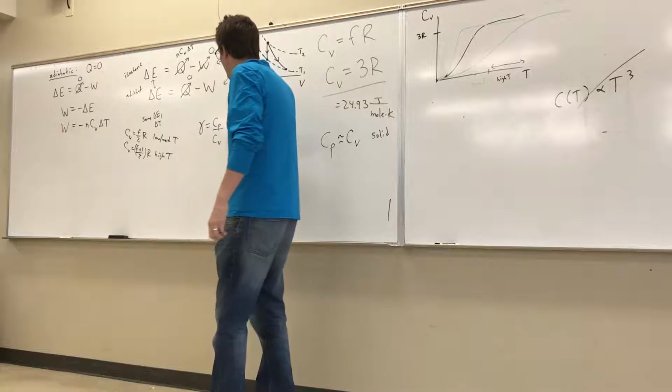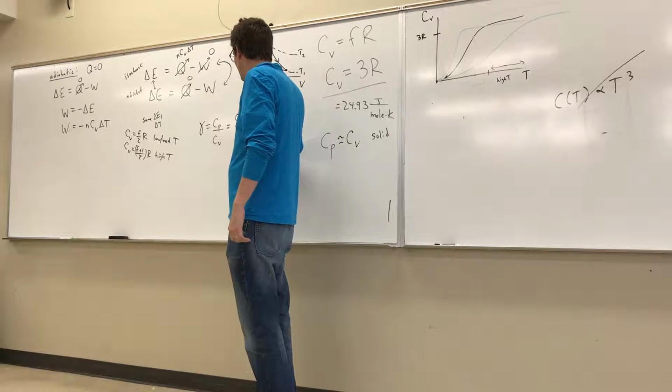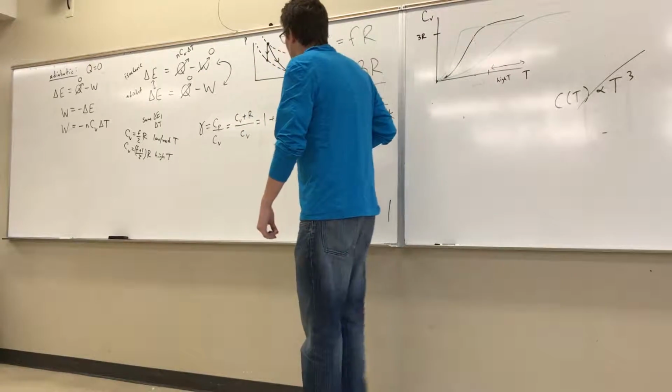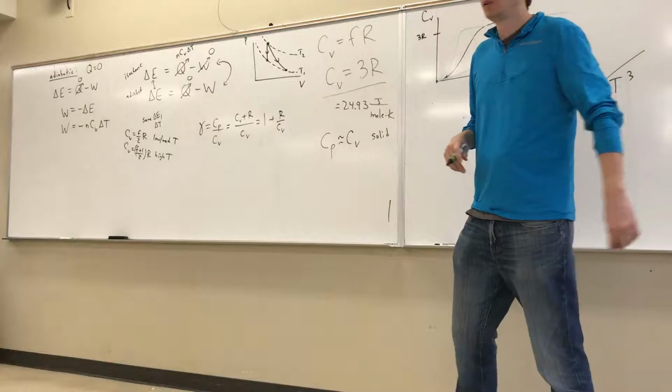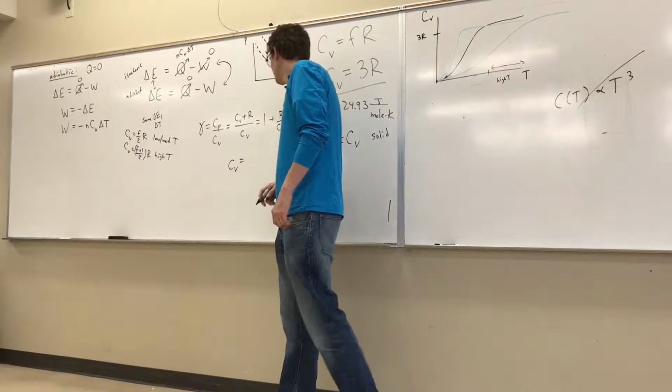Okay? So let me calculate here. The Cp is Cv plus R, assuming we're working with gases. Like so. And I can solve for Cv here.